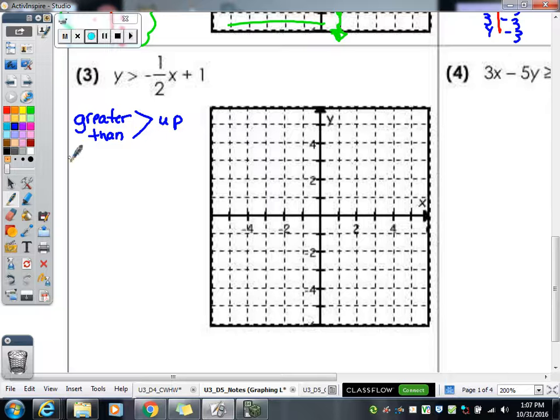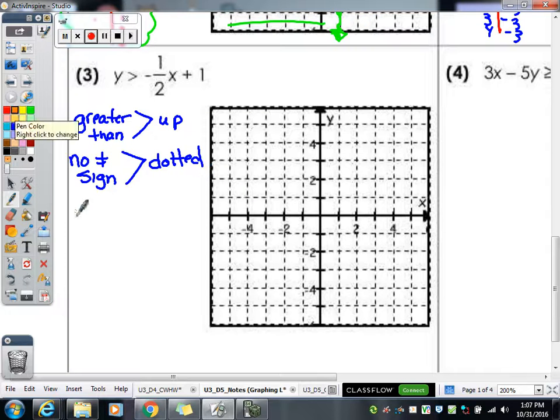There's no equal sign, so that means it's going to be dotted. Those are the first two things I write down. I know it's going up and it's dotted, just to remind myself when I go to draw the line, so I don't do all this work and get points off for not drawing my line the right way.